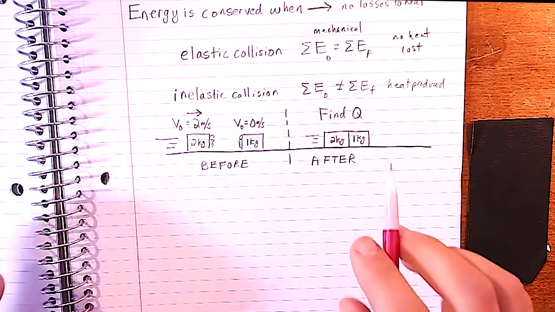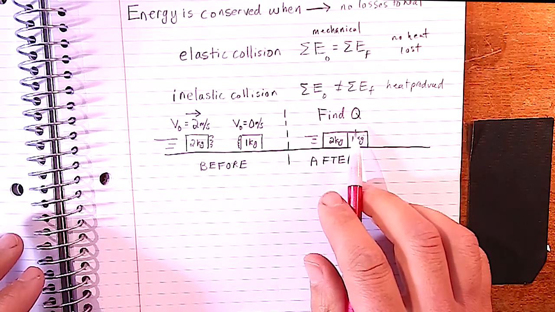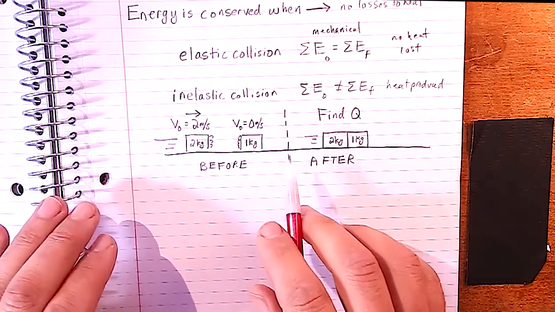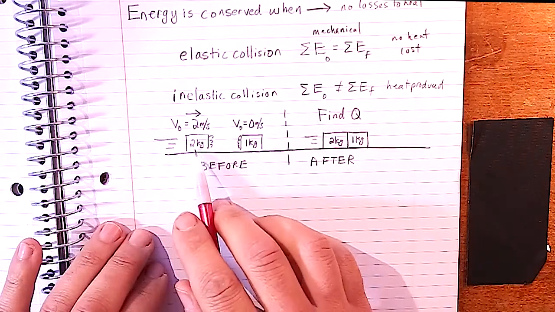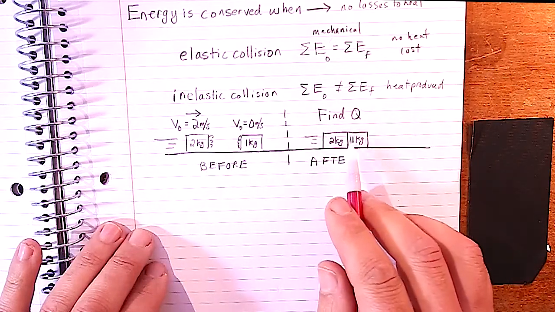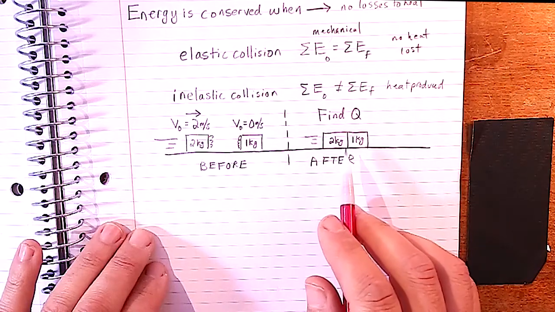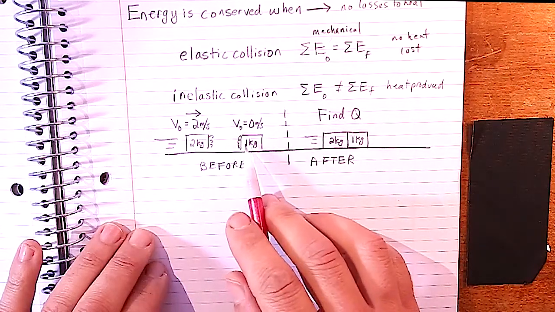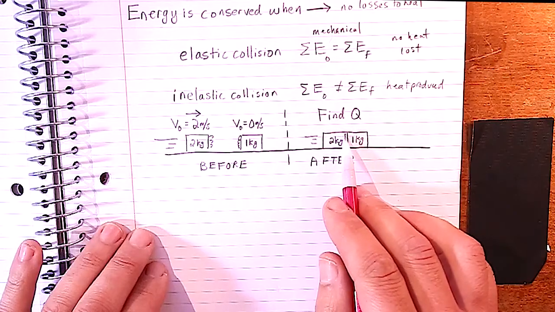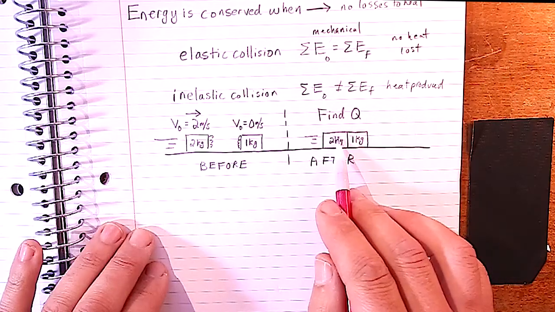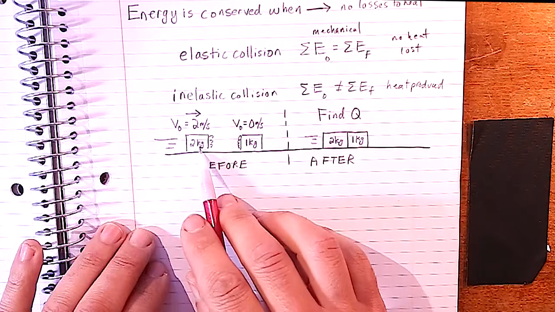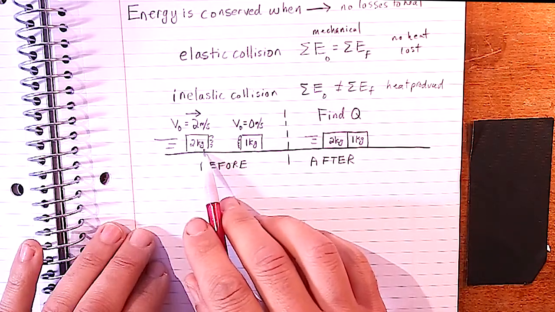So we want to find the heat produced, and we can't use the kinetic energy. We can't say 1/2 mv squared equals 1/2 mv squared over on this side because they're not equal. But we can use conservation of momentum to find the velocity, then find the new kinetic energy, which will be less than this kinetic energy here.